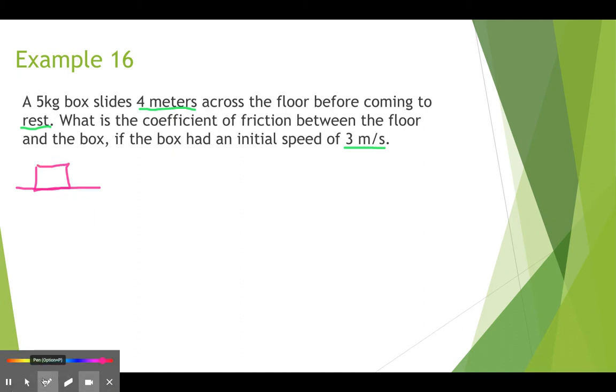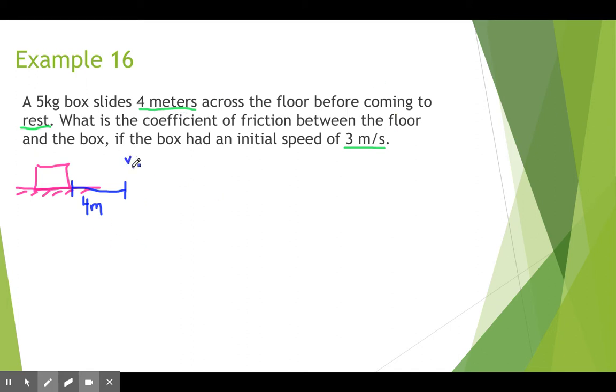That box is going to slide 4 meters across the ground before coming to a rest.